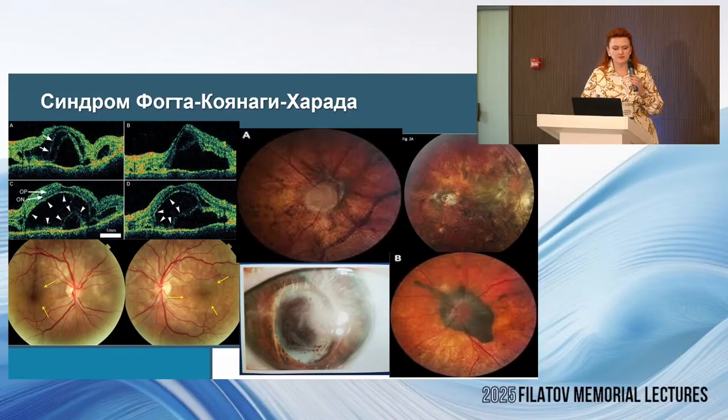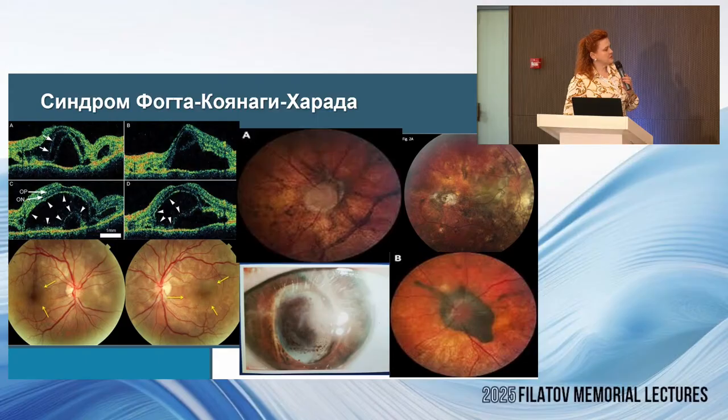In the acute stage, you can see cirrhosis, exudative detachments of the retina. Here is how they look in OCT. This is how the fundus can look, and this is the final chronic stage. It's like burnt ground.